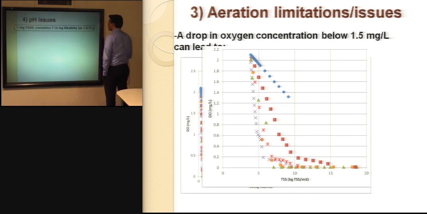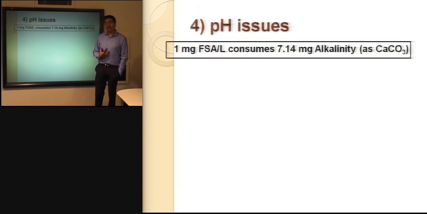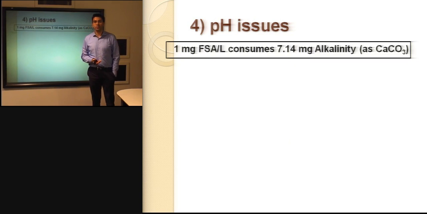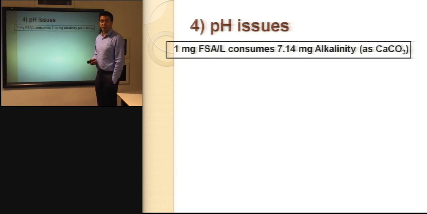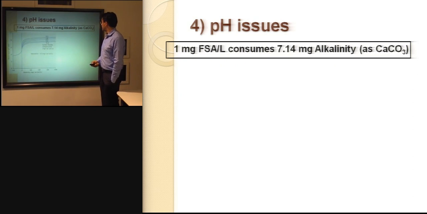Another issue that we have discussed is the pH. Because of the very high concentrations of nitrogen found in fecal sludge, there is a big risk that if there is not enough alkalinity, the pH will drop. And it can drop because 1 milligram of free and saline ammonia consumes 7.14 milligrams of alkalinity in the system.